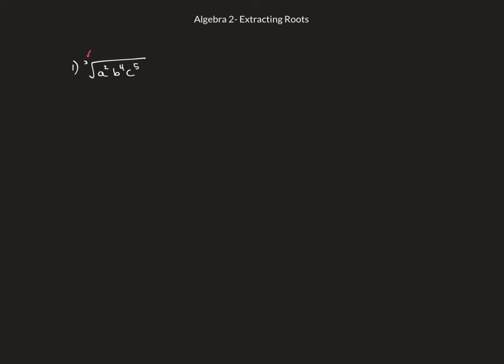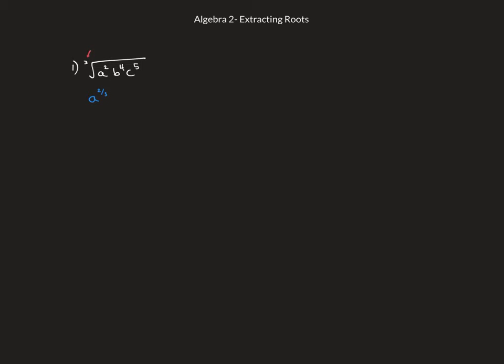So I'll just show you. Here we'll just take the first one, a squared. So our first answer to the problem would be a to the power of 2 by 3.